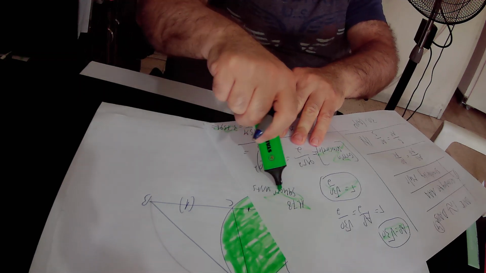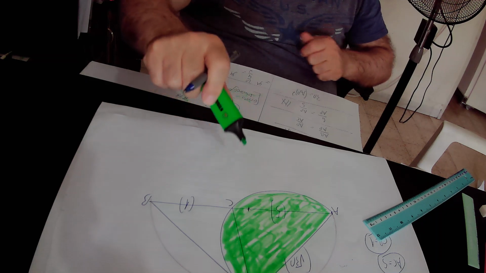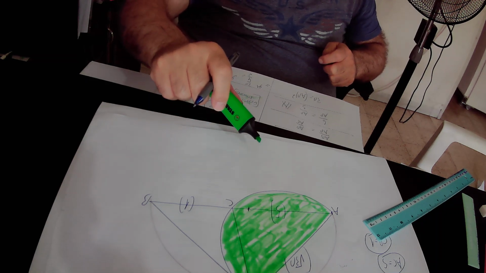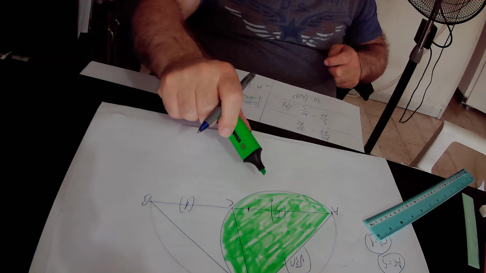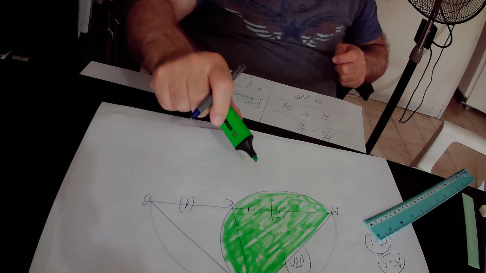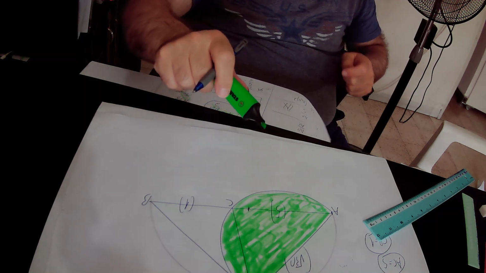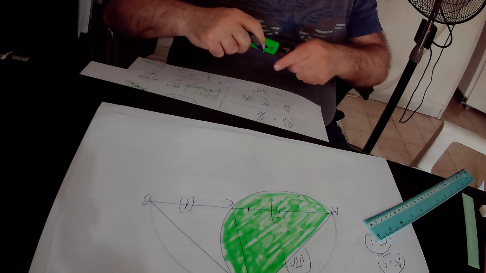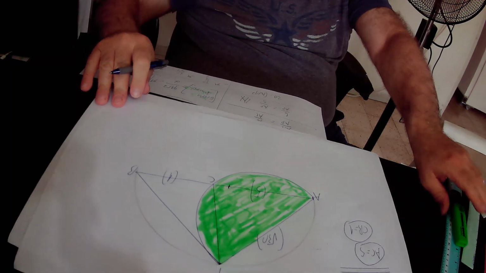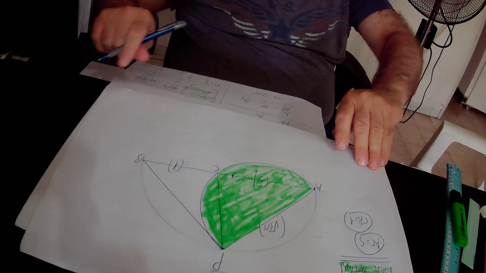Repeating again, we found that the area of this green semicircle equals either 3.75 pi square units, or in terms of numbers, 11.78 square units. Okay, so we finished with the first method.